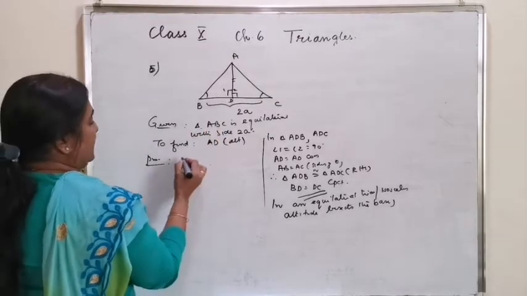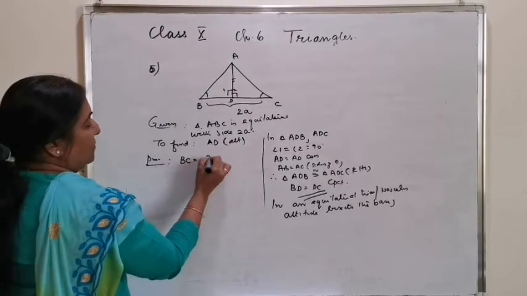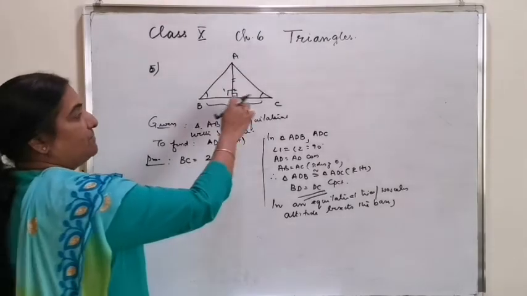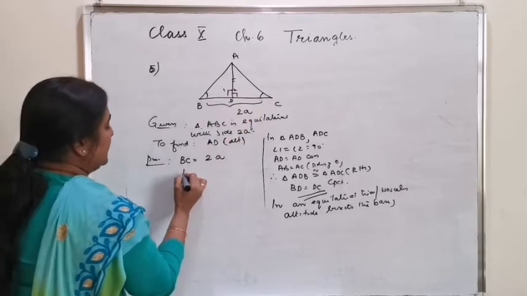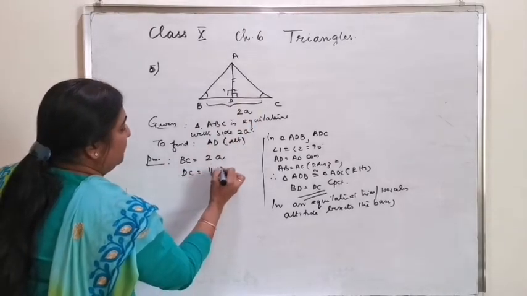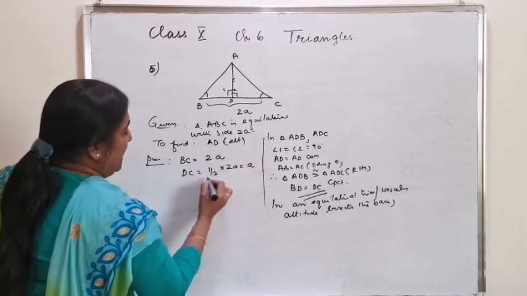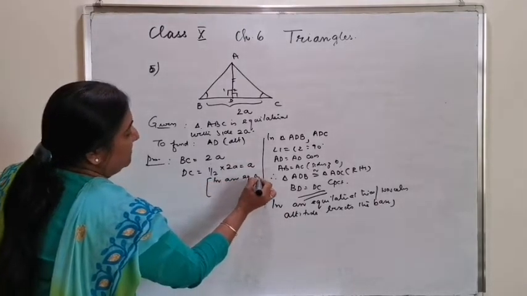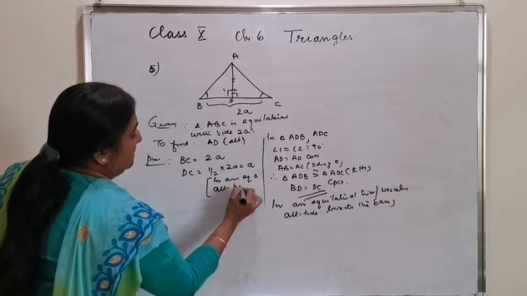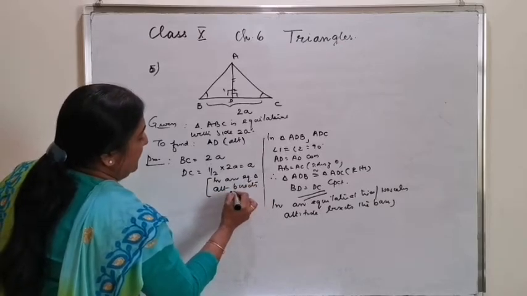Now, since BC is equal to 2A, the DC length is half of 2A, which is equal to A, by the reason that in an equilateral triangle, altitude bisects the base.